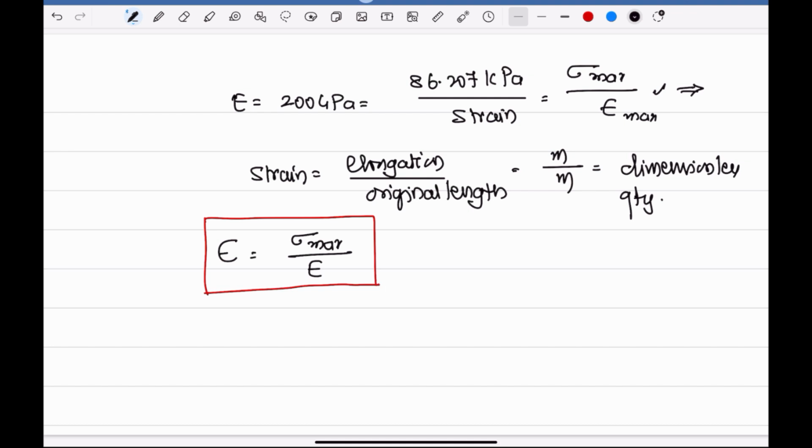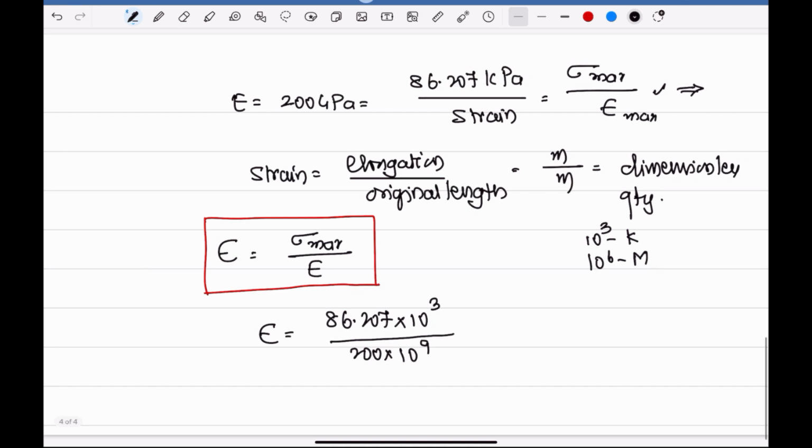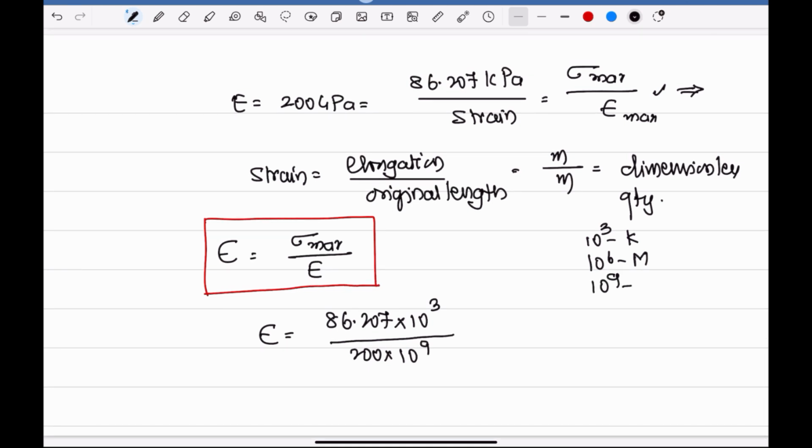Now, what is epsilon here? Epsilon is equal to sigma max, 86.207 kPa, where k is 10 to the power of 3 pascals, and E is 200 GPa, where G is 10 to the power of 9. 10 to the power of 3 is k, 10 to the power of 6 is M, 10 to the power of 9 is G. Please remember this.